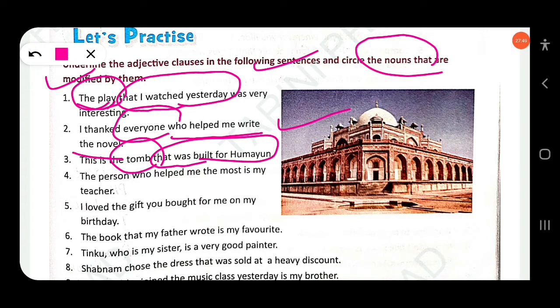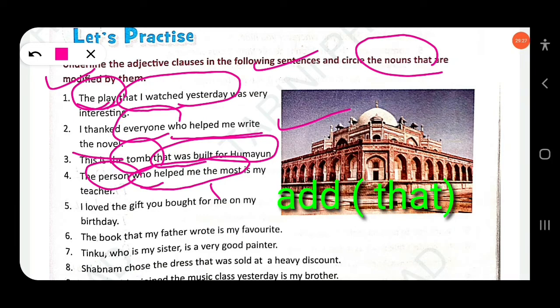Clear? The person who helped me the most is my teacher. Who helped me the most is the adjective clause, and it modifies the person. We are talking about the person who helped me. The next one: I loved the gift you bought for me on my birthday. I loved the gift that you bought.